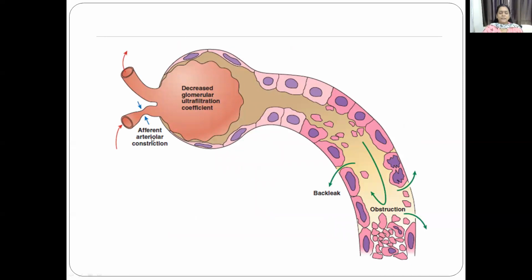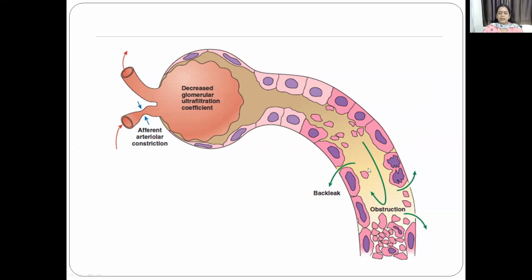So there is afferent arteriole constriction. What is happening here? There is decreased GFR, and there is no dilating factor acting. Initially, there is a tubular injury. The tubular cells will get sloughed, and the cells may obstruct the tubules, and then there can be fluid escape into the interstitium.